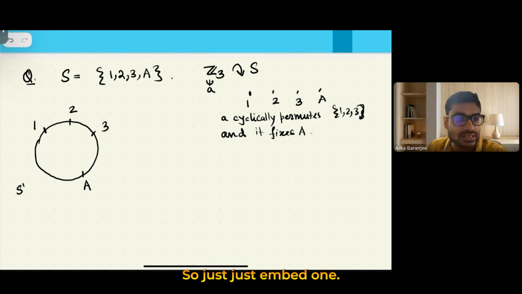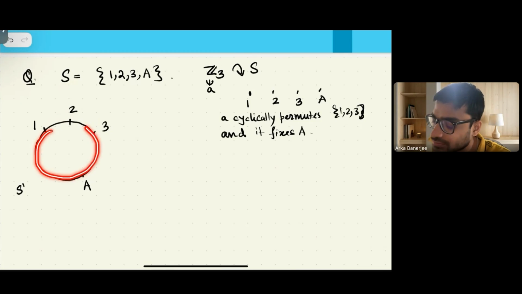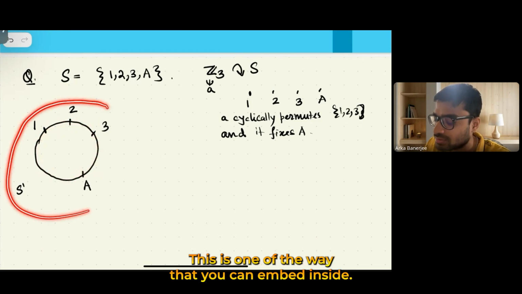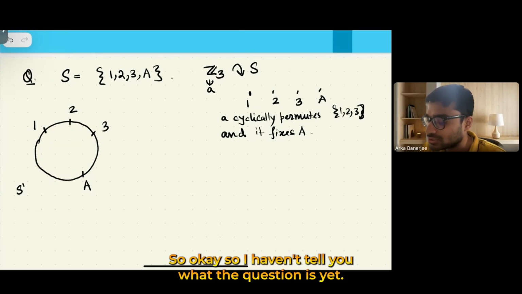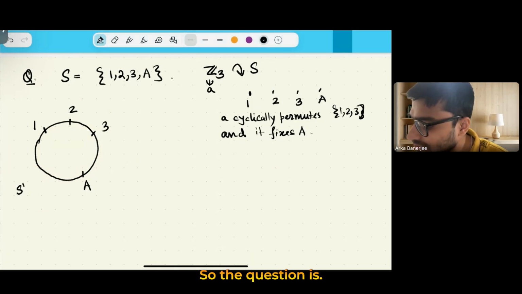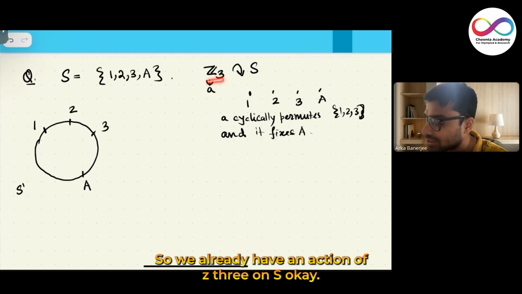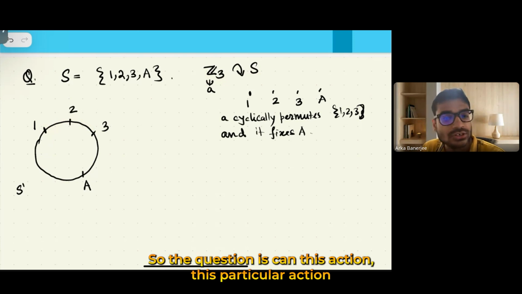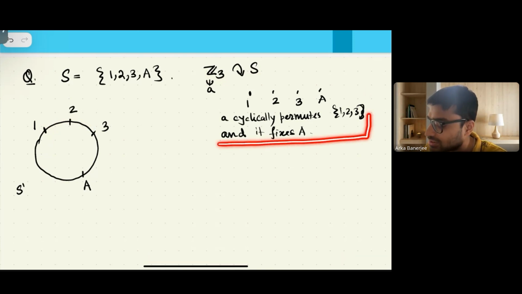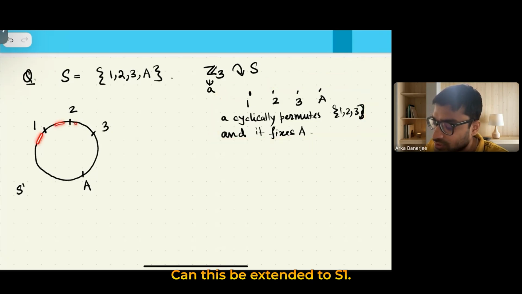So just embed this set S in any way inside S1. This is one of the ways that you can embed it inside S1. I haven't told you what the question is yet. So we already have an action of Z3 on S, on these 4 points. The question is, can this particular action on this 4-point set be extended to S1?